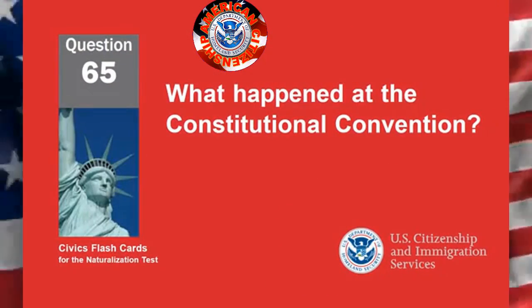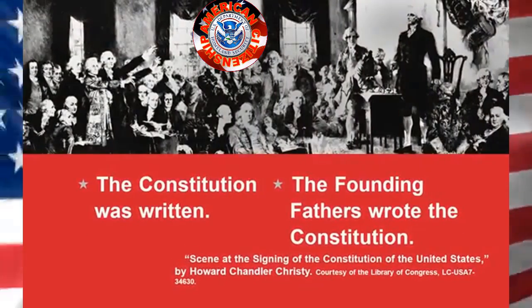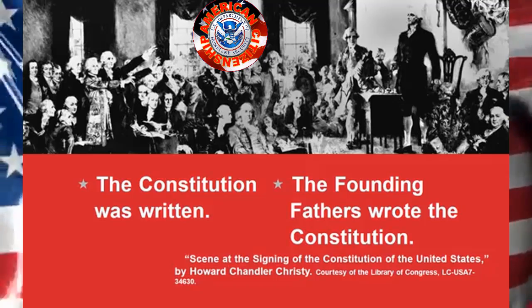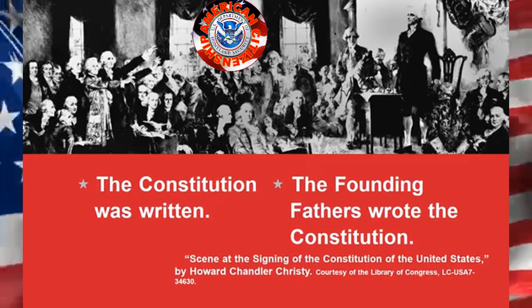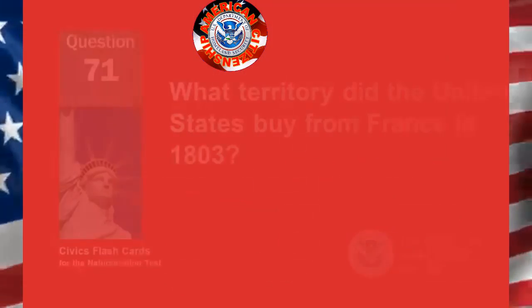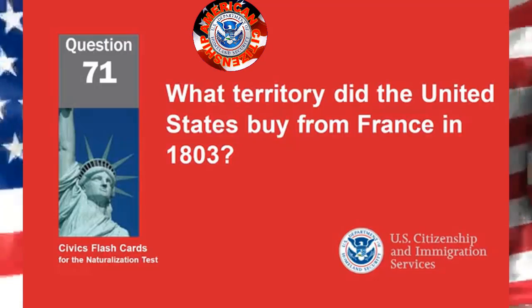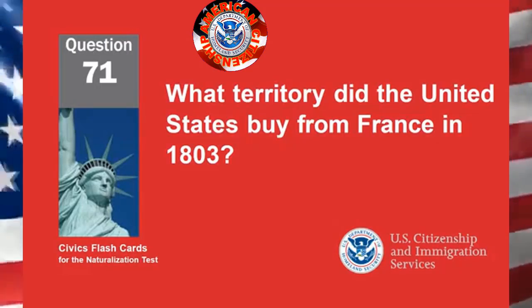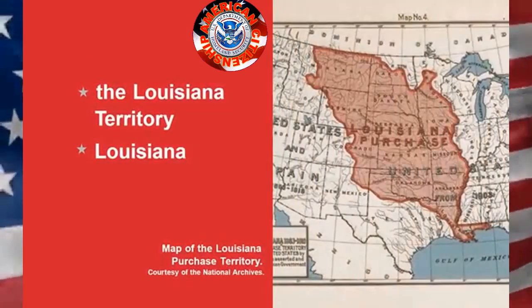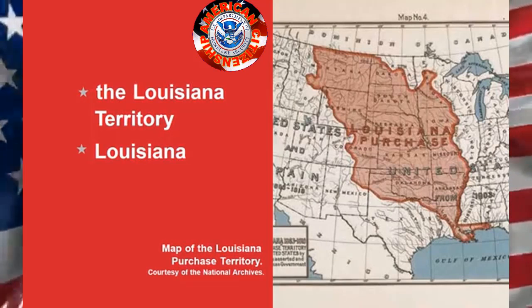What happened at the Constitutional Convention? The Constitution was written. The Founding Fathers wrote the Constitution. What territory did the United States buy from France in 1803? The Louisiana Territory, Louisiana.